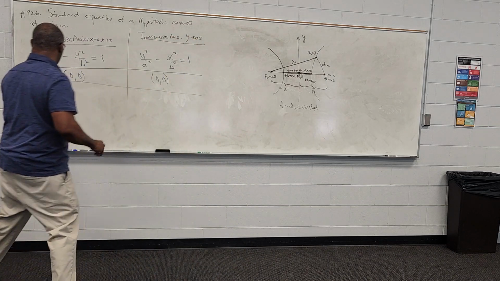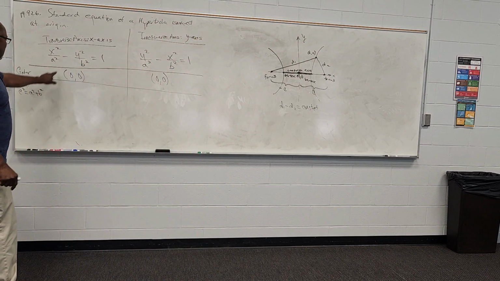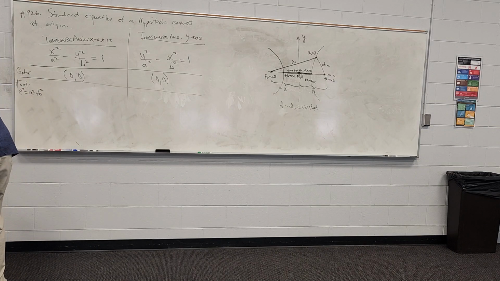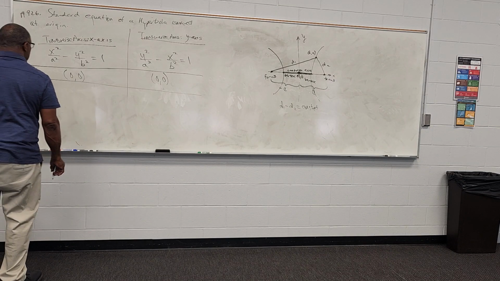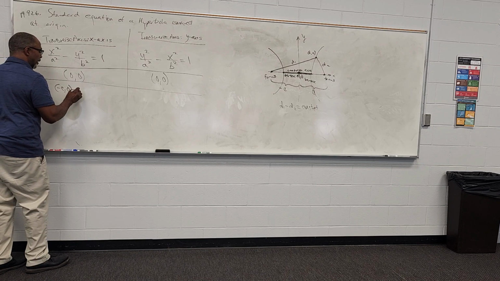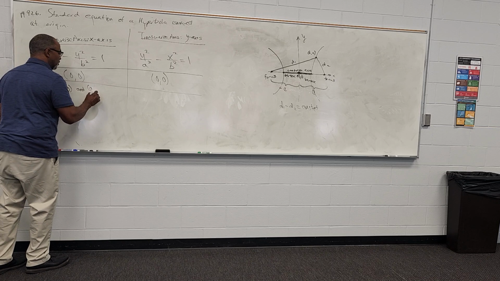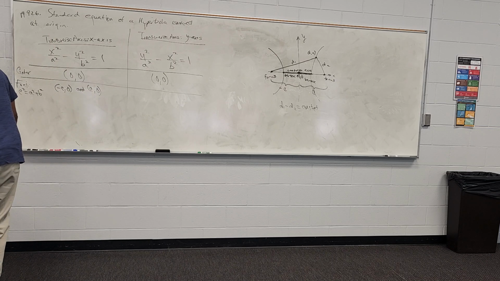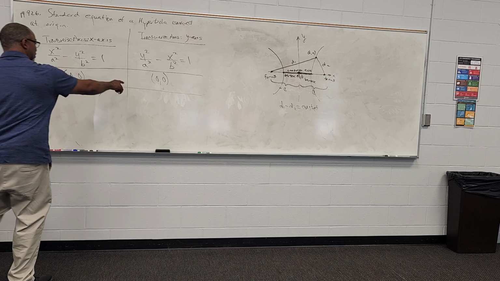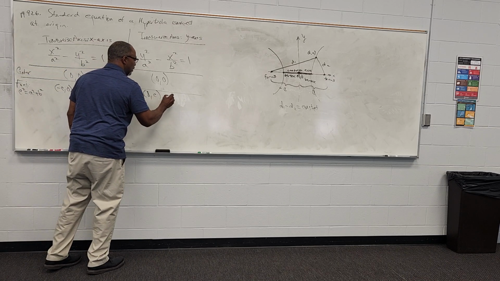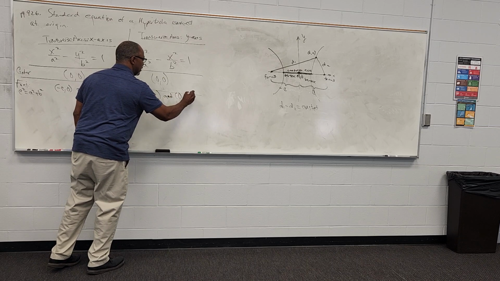But the way we calculate the focus is we use a and b. c squared is equal to a squared plus b squared for a hyperbola. So there'll be a focus at negative c, comma 0, and positive c, comma 0, if the transverse axis is the x-axis. And if the transverse axis is the y-axis, the foci will be at 0, c, and 0, negative c.